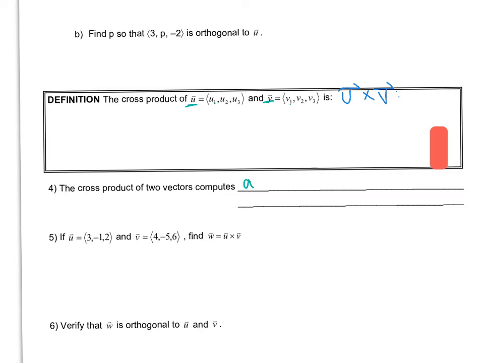So again, the cross product of two vectors computes a third vector, a vector that is orthogonal to both original vectors.